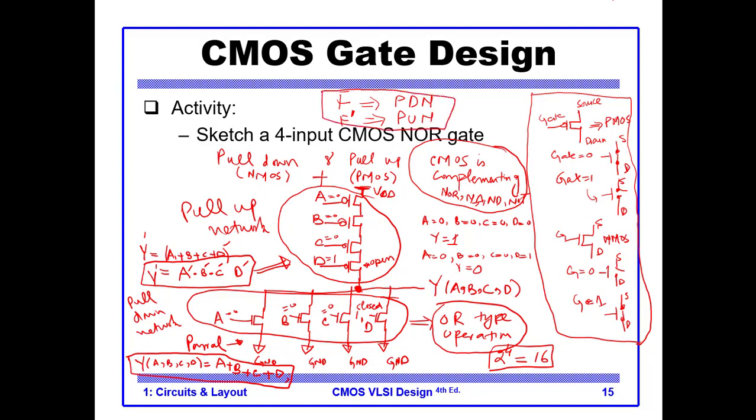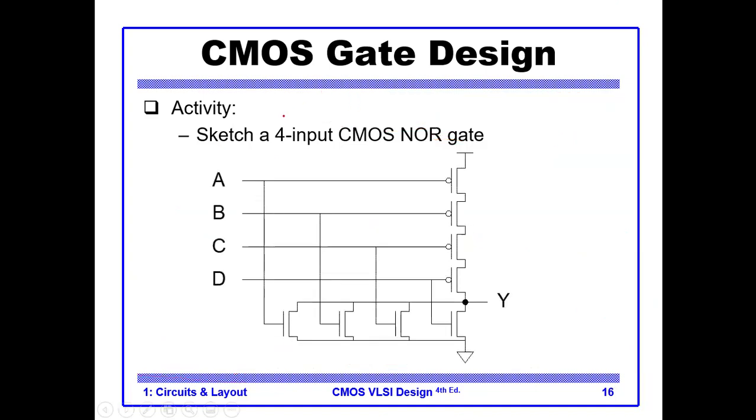So that is the main design principle: pull up, pull down. And you have to remember, if you are designing OR type gates, use parallel. If you are designing AND type gates, for example NAND, then you use series connection. Okay, let's move on to the next slide.